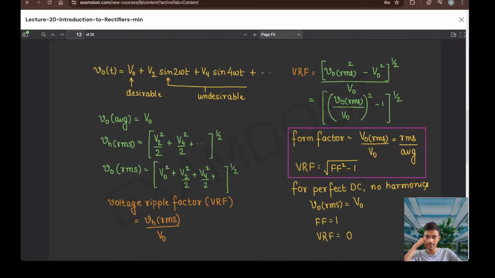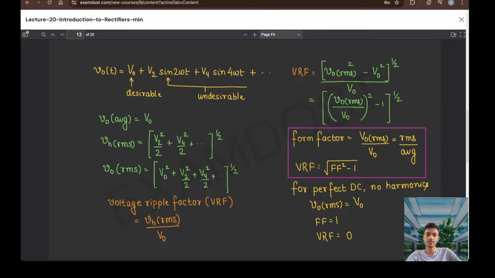Average value, RMS value, harmonic one, and VORMS would be the total like this. Got it.